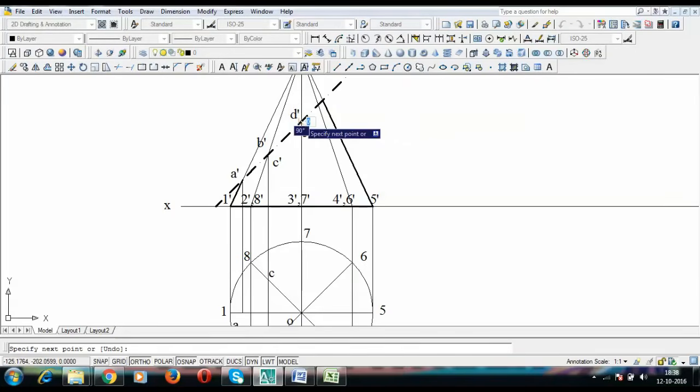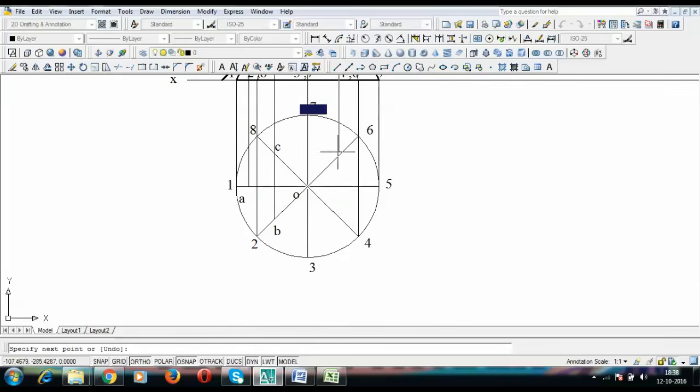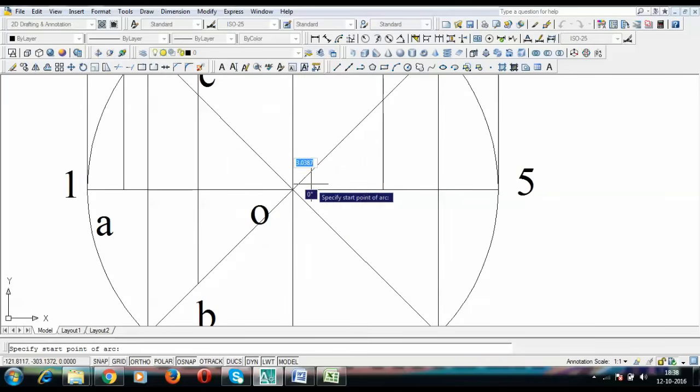Go straight from this D point until you reach this generator over here, and then bring this downwards. Now with this point O as center, from this point to this point, you need to draw an arc. That's it.